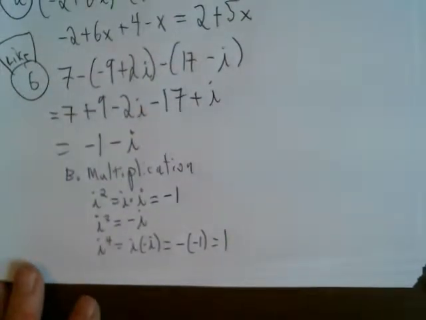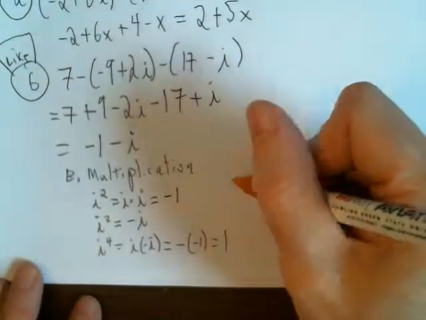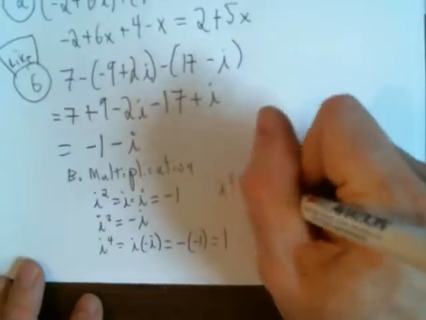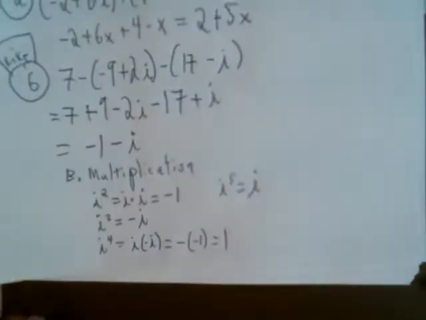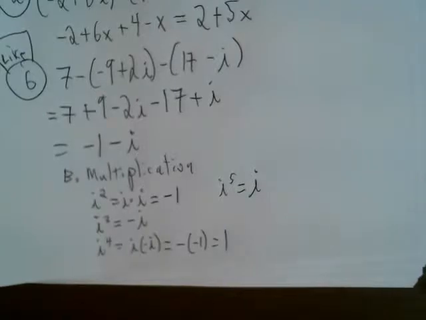And then i to the fifth will just be i all over again. So there's really no need to use exponents with these imaginary numbers.